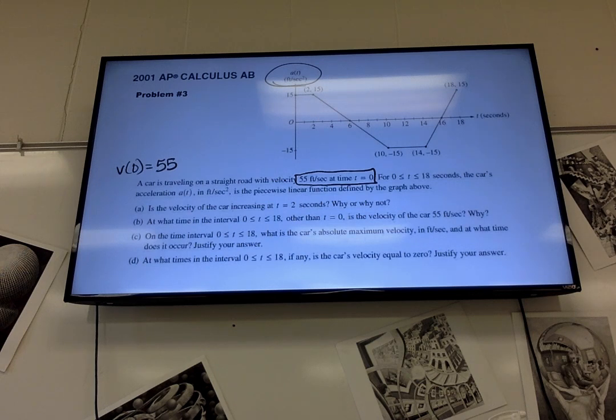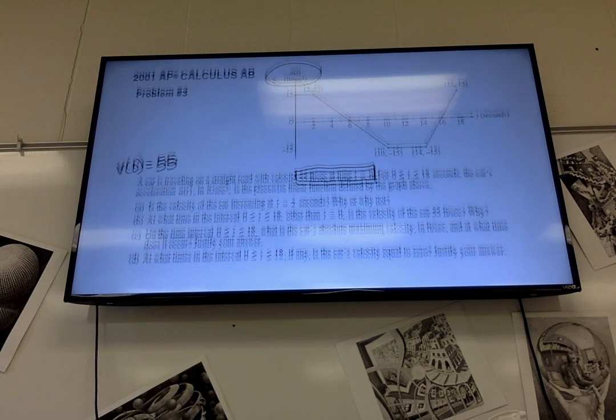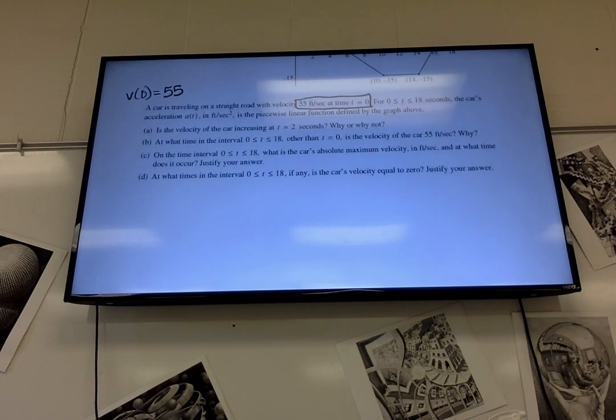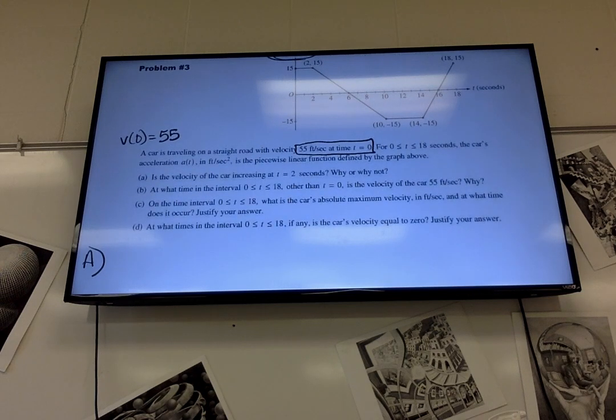The car's acceleration, a of t, is in feet per second squared. The piecewise linear function defined by the graph above. Part A. Is the velocity of the car increasing at t equals 2 seconds? Why or why not? Yes, because it's above.